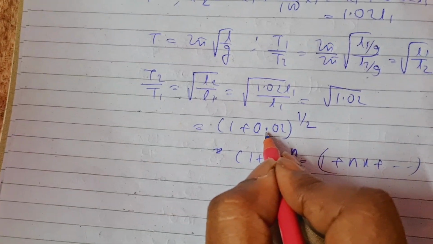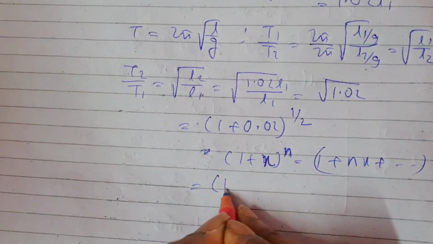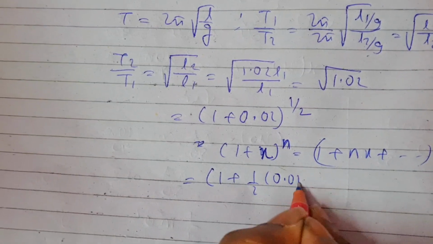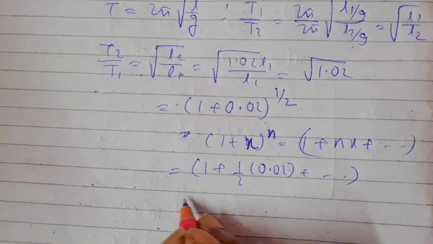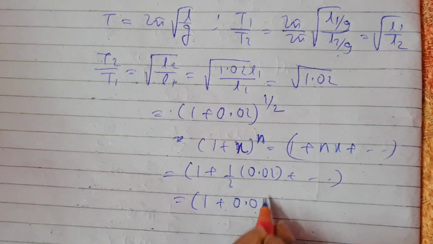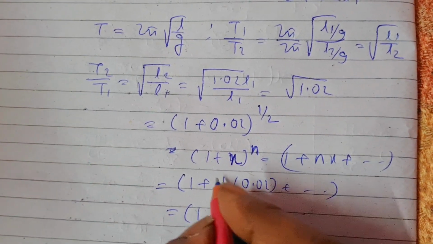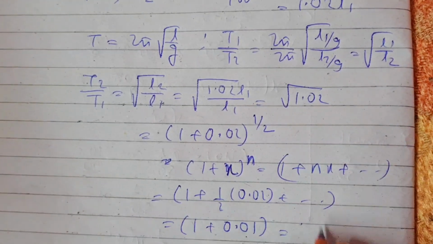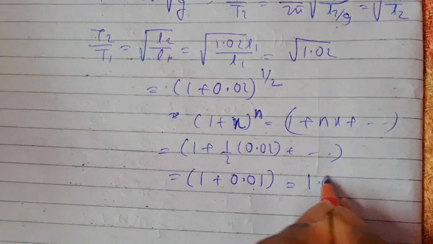The power will be multiplied with this one. So it will be 1 plus half into 0.02, and you can neglect the rest. So 1 plus 0.01, it is becoming 1.01.